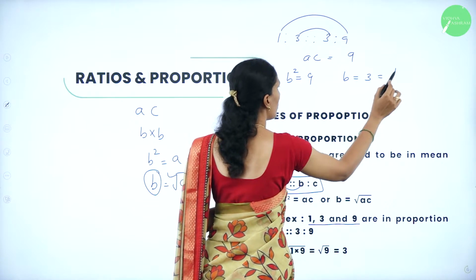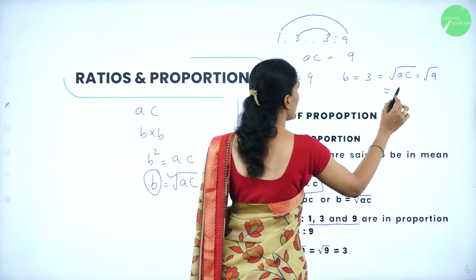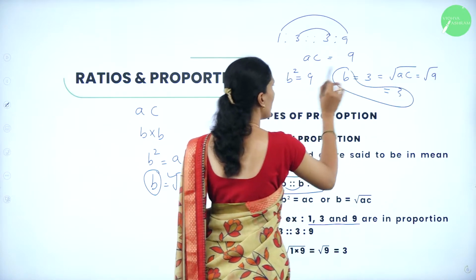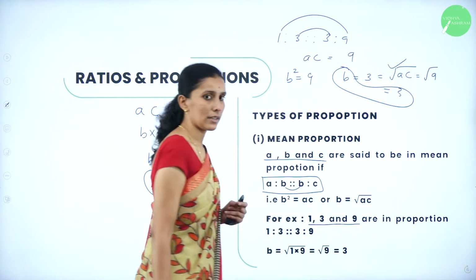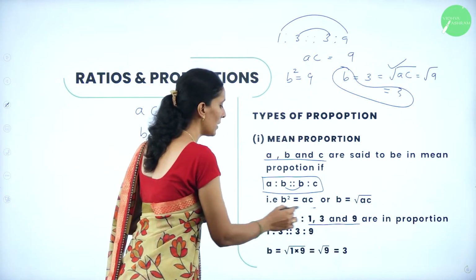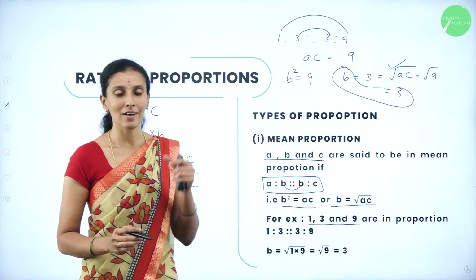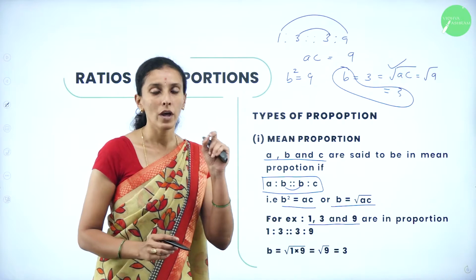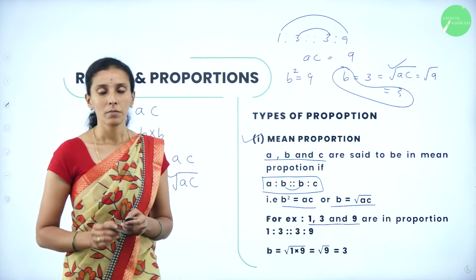So this is nothing but root of AC, which is equal to root of 9, that is equal to 3. So the value of B is 3, which is nothing but root of AC. So if B square is equal to AC or B is equal to root of AC, that is, the value of mean is the square root of extremes, then we say it is a mean proportion.